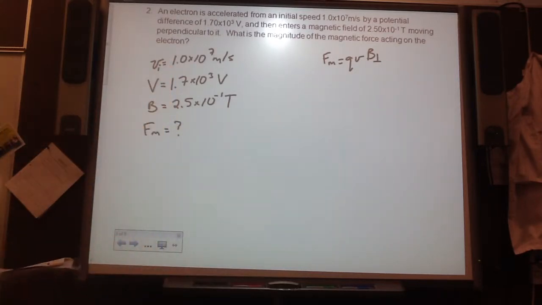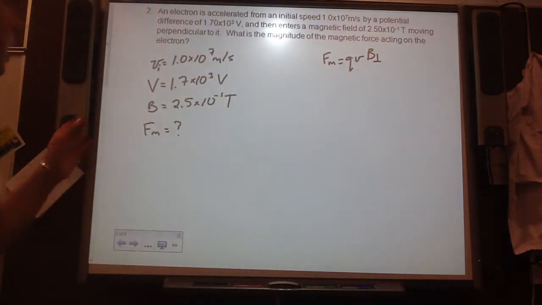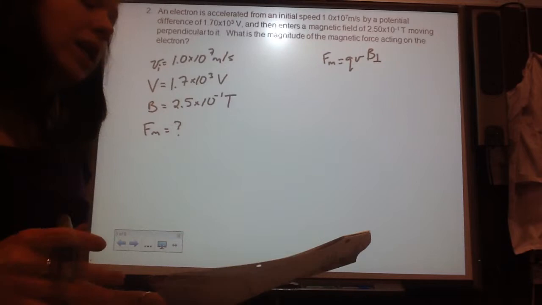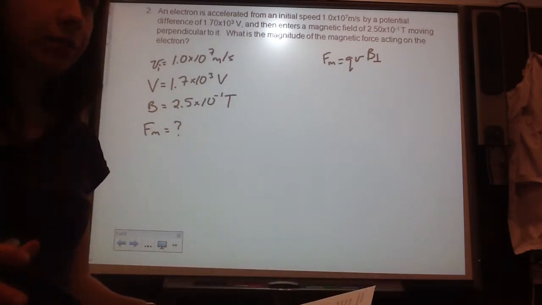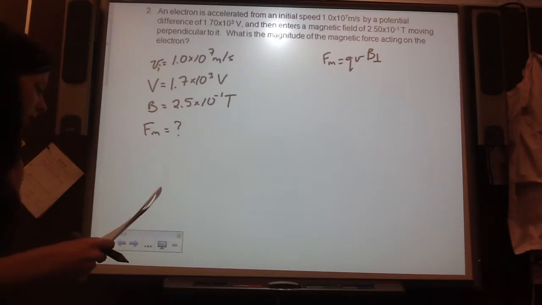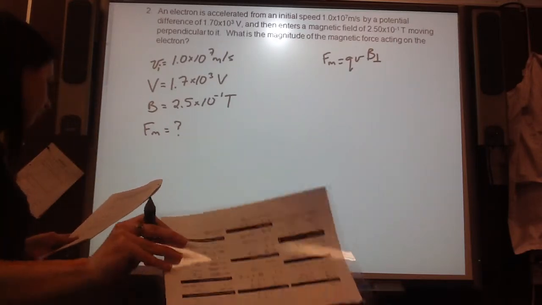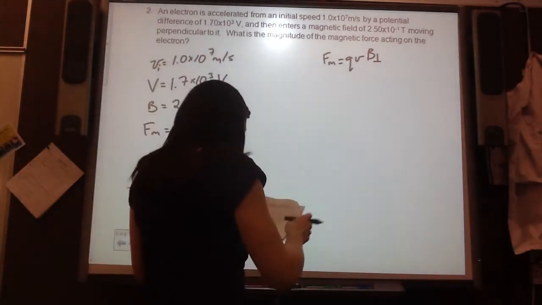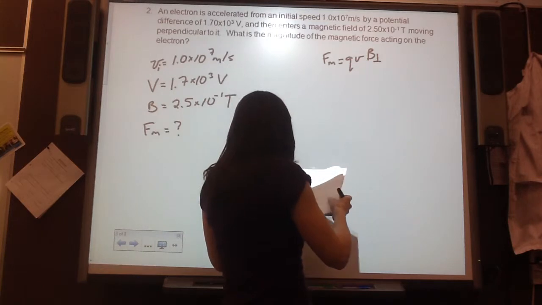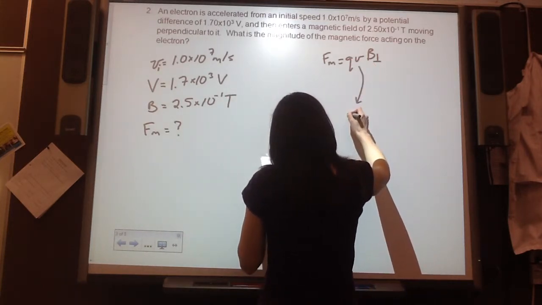I need to find its velocity as it's in the magnetic field, so I need to find v final. It's initially coming in at that speed, and then I need to find my final.